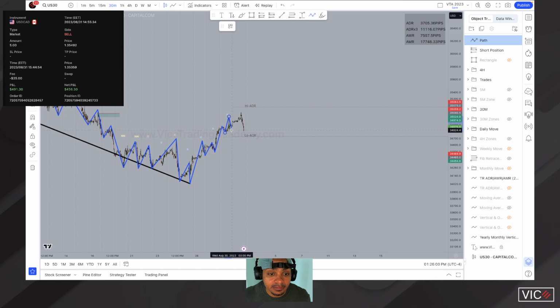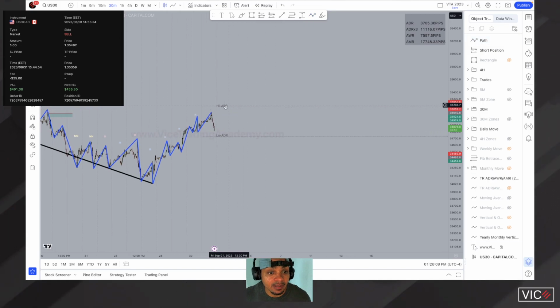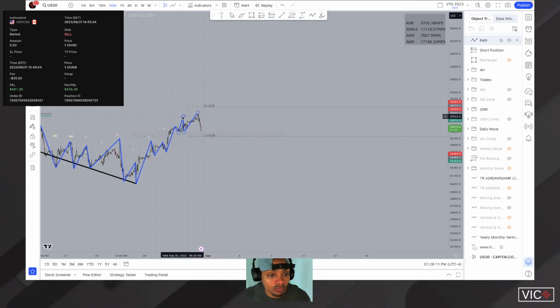Higher highs, higher lows, higher high right there. Now, once I see that, I'm looking for the reverse. Why? Because I see a double top. Right? I was like, they're slowing down there. That's a clear double top.